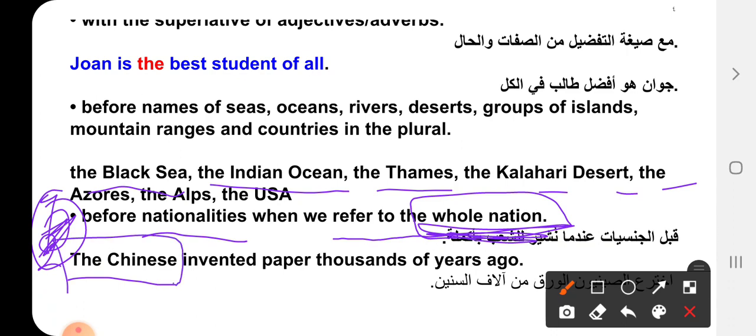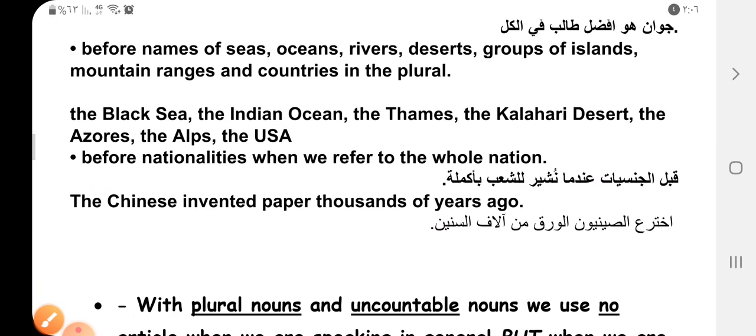We mention here the whole nation: the Chinese invented paper thousands of years ago. So we have to use the here.